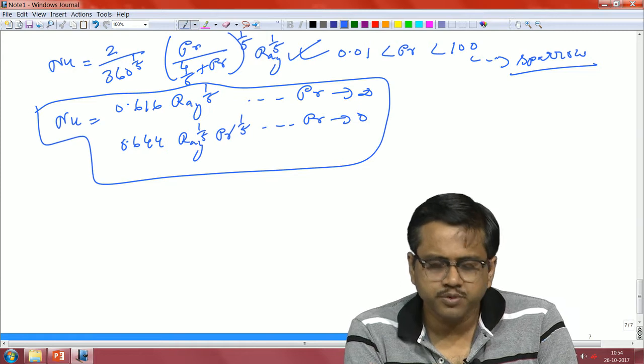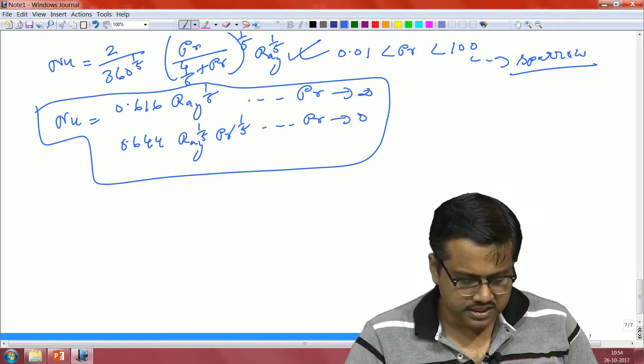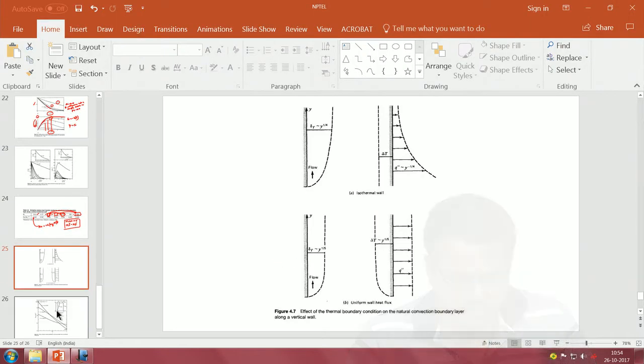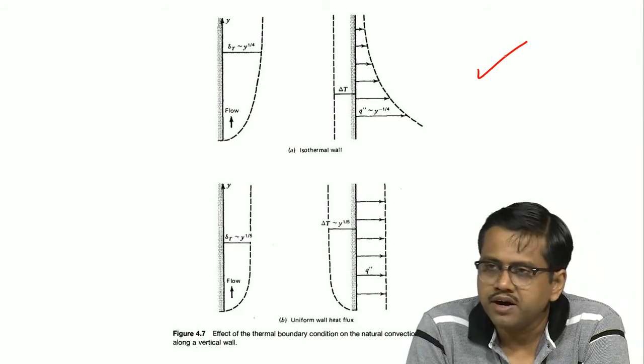So, that is what is most important over here, and we have finished this particular thing, and I can show you one other important stuff which is worth mentioning before we move on to the other things. If you take the case of the isothermal wall, that is the first part of it, right.